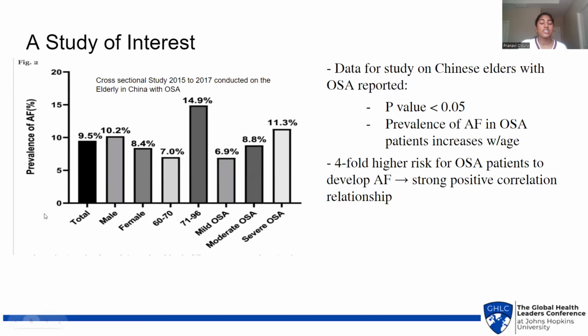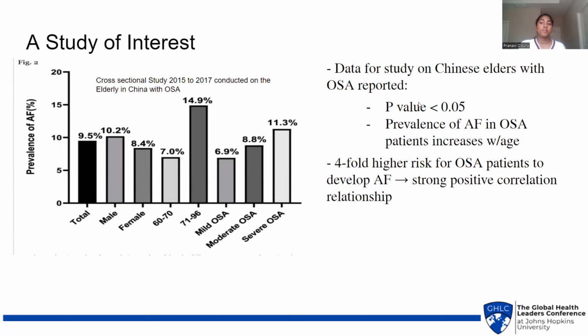On the y-axis, we see the prevalence of atrial fibrillation. What we can tell from this graph is that ages 71 to 96 have the highest prevalence of atrial fibrillation, in fact, 14.9%. This supports the idea that prevalence of atrial fibrillation in OSA patients increases with age.